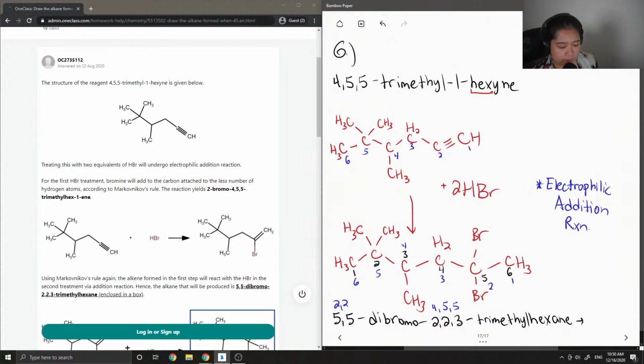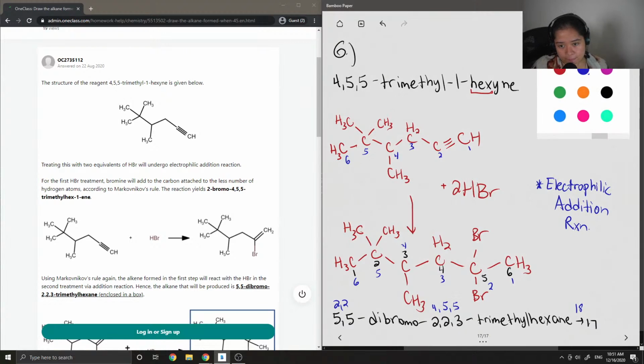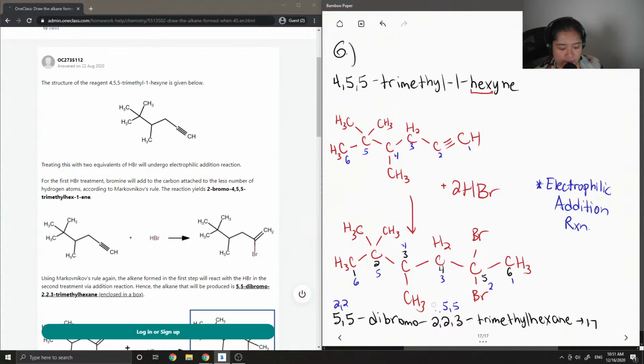So this sum is 4, 5, 6, 7, 17. And for the name in blue, we have 14, 15, 16, 17, 18. This is why the name written in black would be correct, since it has smaller numbers in the name.